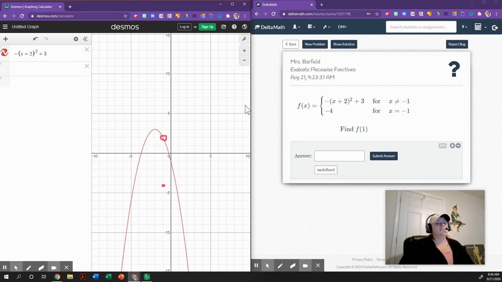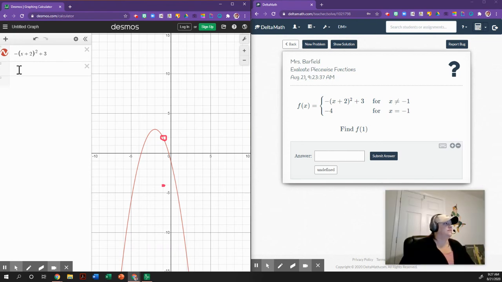I've done all that to make the picture, but honestly, it's saying find f of 1. It wants to know what happens when x equals 1. Well, when x equals 1, I just go over here and go down to my graph. If you remember yesterday, we were trying to draw on Delta Math.